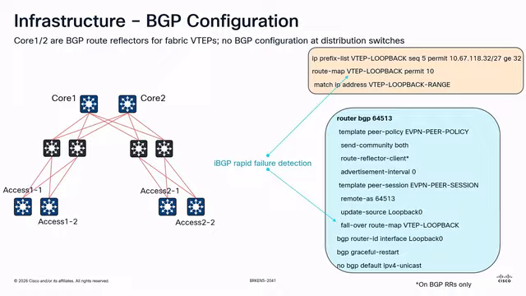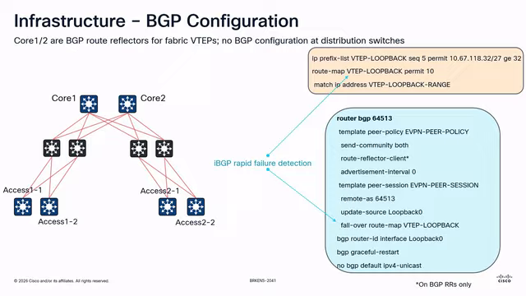The destination loopback route is supplied by OSPF, and OSPF can converge rapidly. So let's say core 2 disappears suddenly. OSPF will converge sub-second, which means the loopback 0 of core 2 will disappear from the routing table on the access layer, which means BGP will take the session down instantly instead of waiting for 3 minutes.